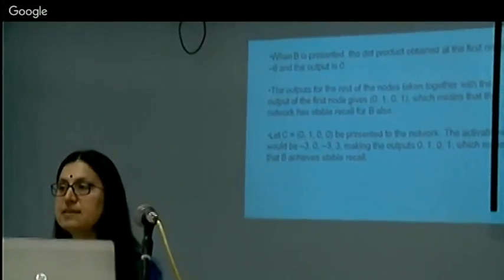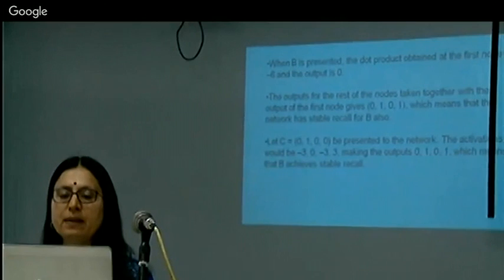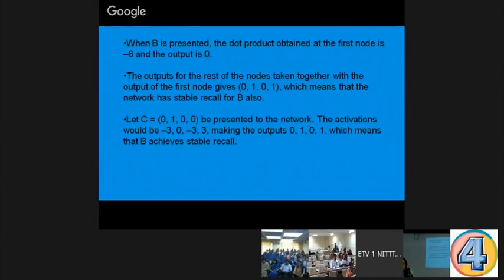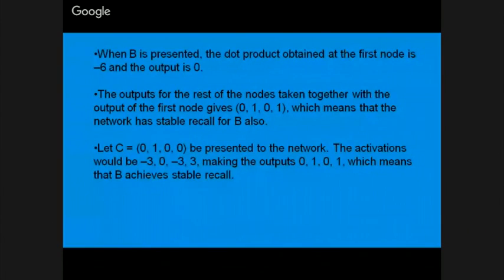So these A and B are the stable patterns which the Hopfield network has stored and it is able to recall them. But the beauty of the network is that even if the input pattern is slightly corrupted or some information is missing, even then it is able to recall a stable pattern.